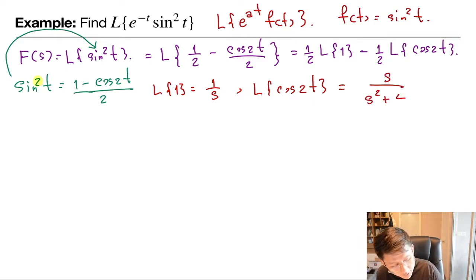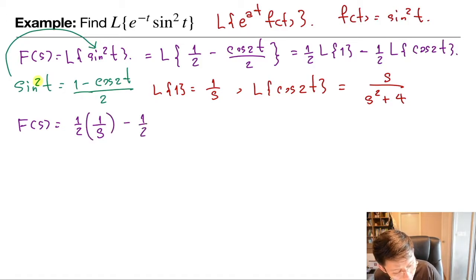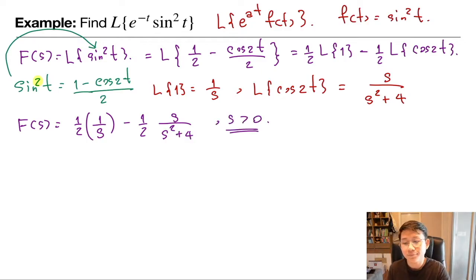So F(s) would be 1 half of 1 over s minus 1 half of s divided by s squared plus 4, when s is bigger than 0. And that is F(s).